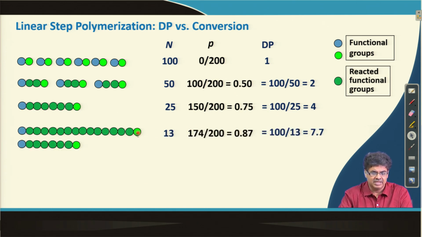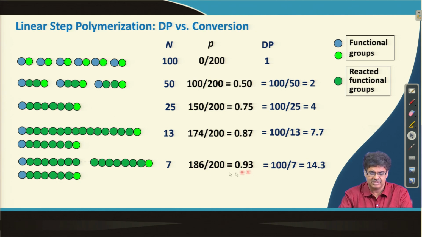Similarly, if out of 25, 24 molecules react with each other forming 12 molecules, plus I have one remaining, that gives 174 functional groups reacted out of 200, which means the conversion is 0.87. The total initial molecules is 100, and now we have 13 molecules, so the degree of polymerization is 7.7.